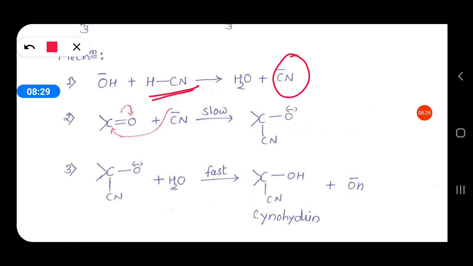This reaction is slow initially, and when the nucleophile attacks the carbonyl carbon, an anion with O minus is formed. After the formation of this anion, the reaction becomes fast. It accepts a proton and gives cyanohydrin. So this is the mechanism of addition of hydrogen cyanide, a base catalyzed reaction.